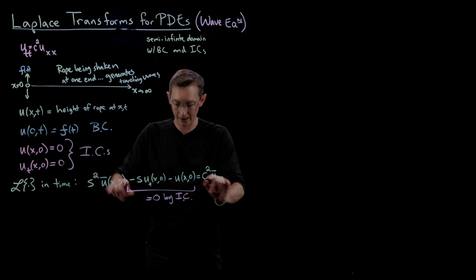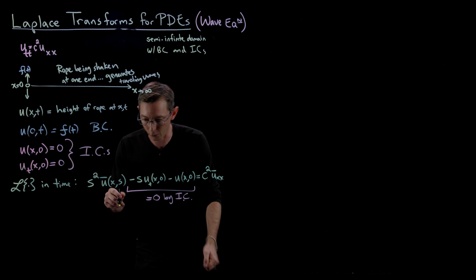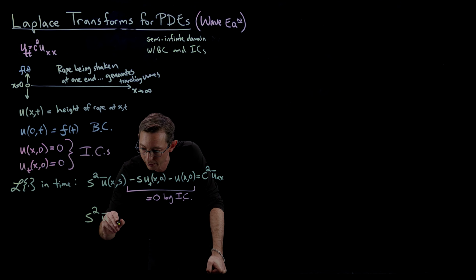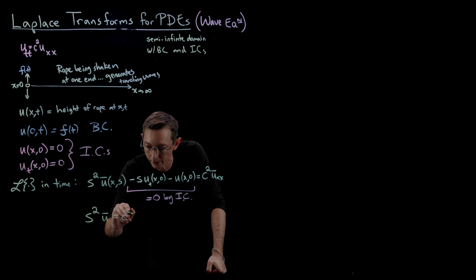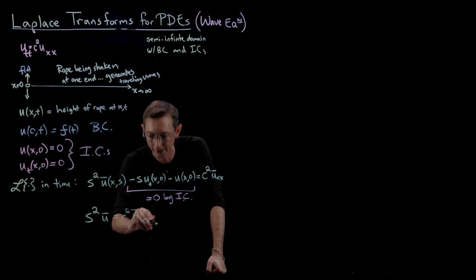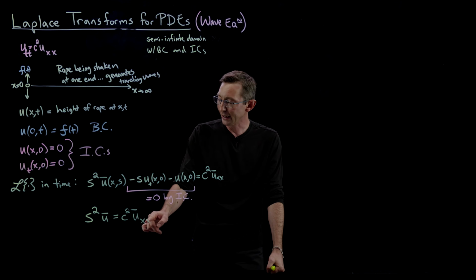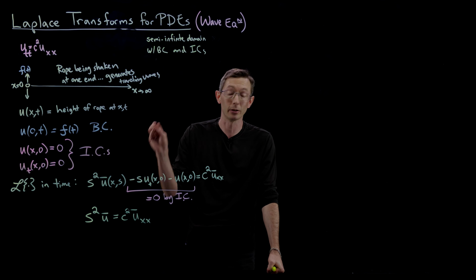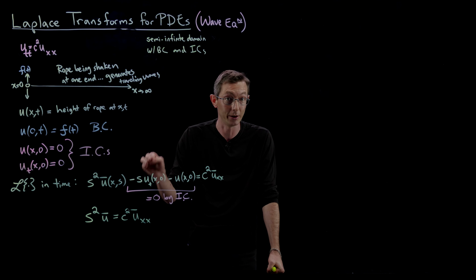And now I just have my equation s squared u bar equals c squared u bar xx. And this is an ordinary differential equation in x. This is a second order linear ordinary differential equation in x.